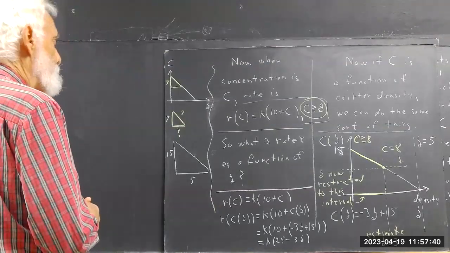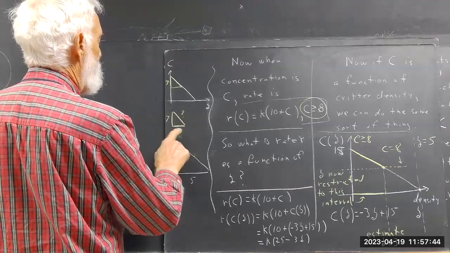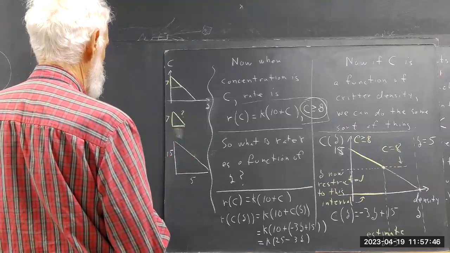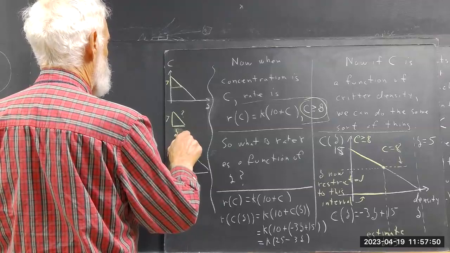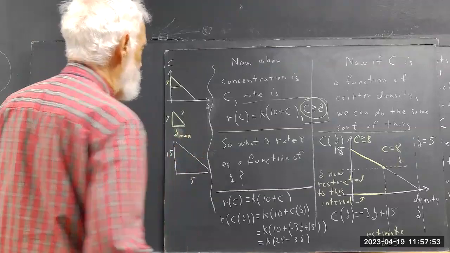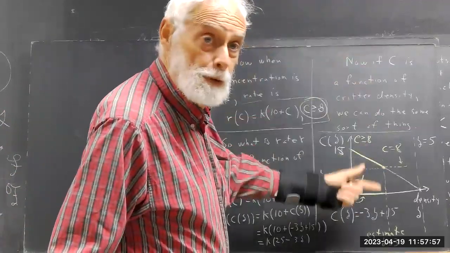So we'll call this seven, and we're going to call this delta max, the maximum value delta could have for C to still be greater than 8.